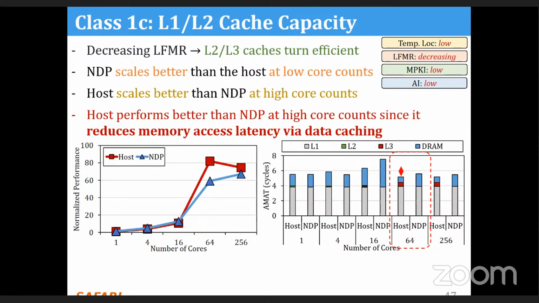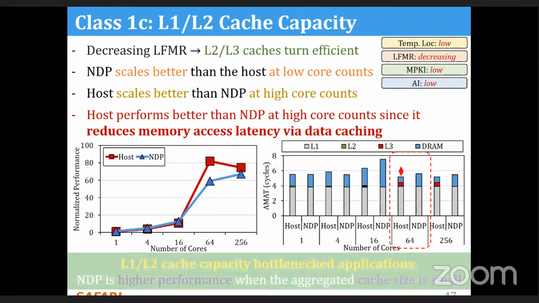And that's because we have more hits in L2 and in L3 due to the larger total cache capacity. And that starts happening for a large number of cores, as you see. For a smaller number of cores, NDP still provides lower latency.